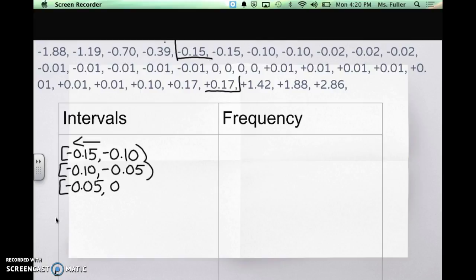Because of the parentheses, you do it again. This one we're just going to 0. All right, now we're starting the positive numbers. I know you don't usually put a plus sign for positive. I'm going to, just so we can stay clear today. But if you don't want to, that's fine. You do need to include the negative sign, of course, though.